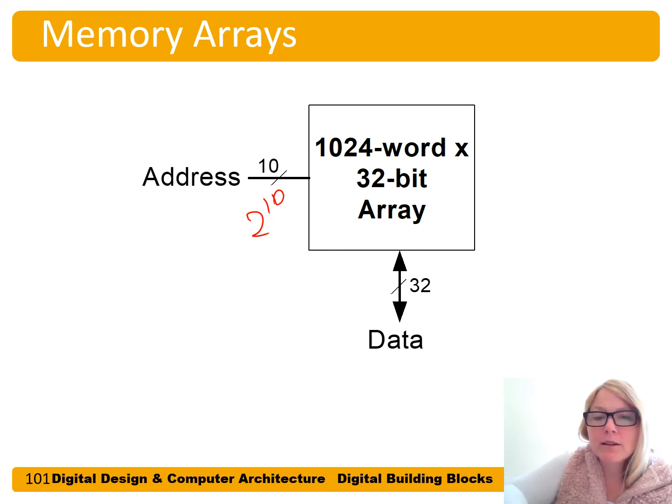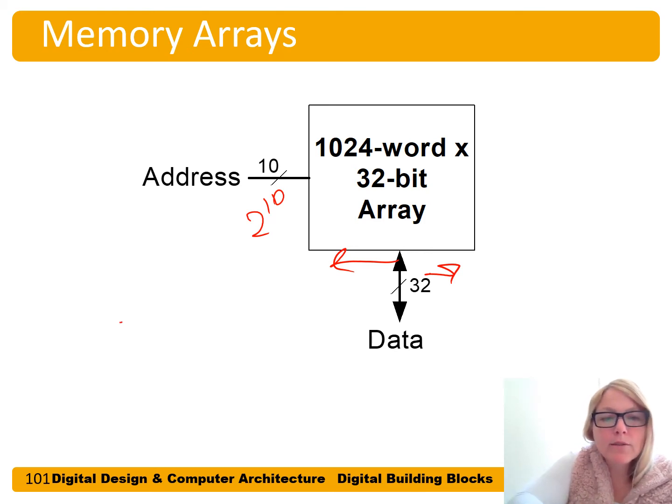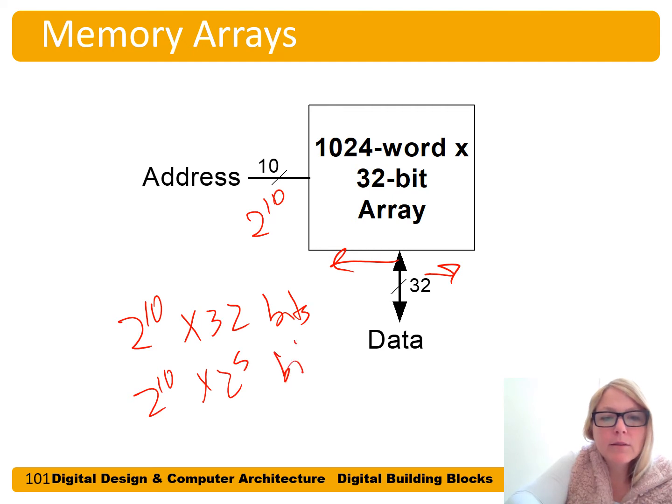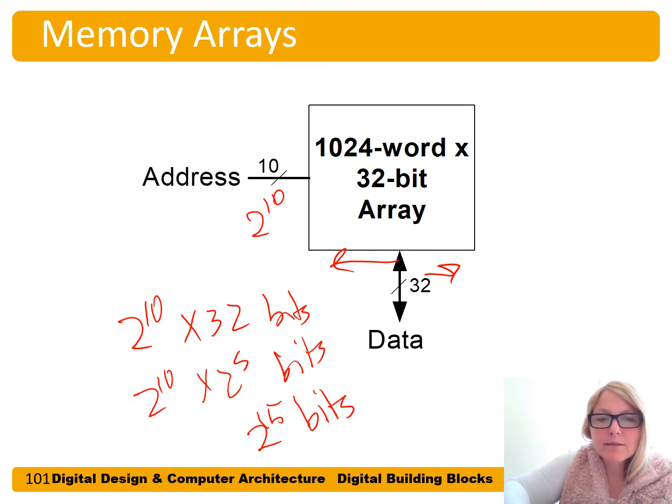The width of our array is 32. And we can store a total of 2 to the 10 by 32 bits, or 2 to the 10 by 2 to the 5 bits, which equals 2 to the 15 bits of data, or 32 kilobits of data.